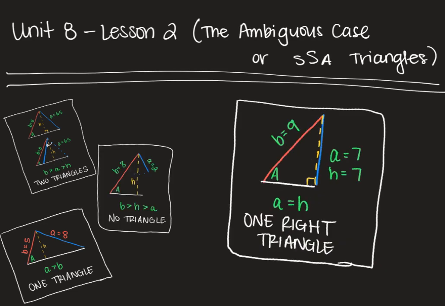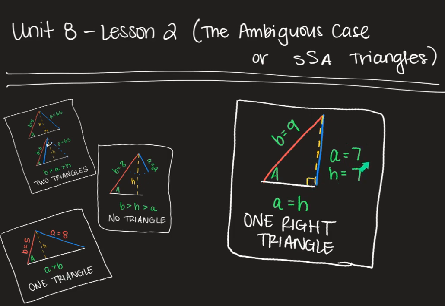I realized I should probably talk about one more case. You're still given an angle, the adjacent side, and the side opposite, but now you know that the side opposite the given angle A is the same length as the height, or that perpendicular segment of the triangle.